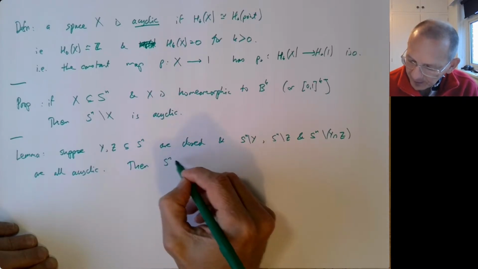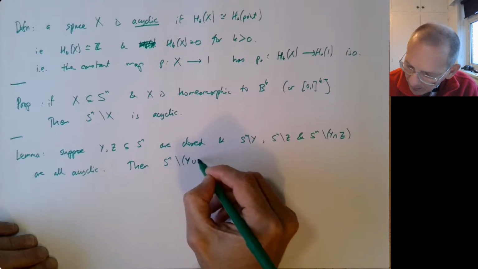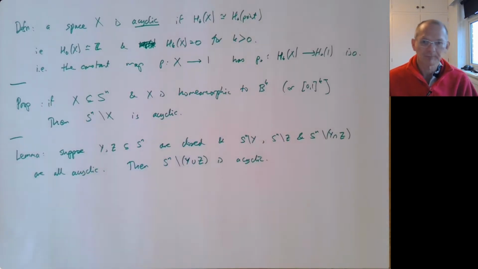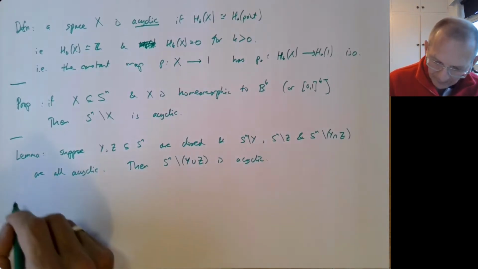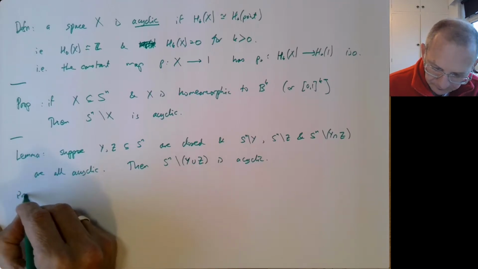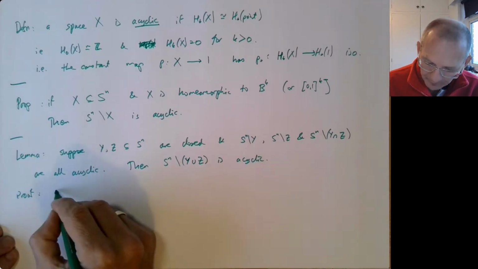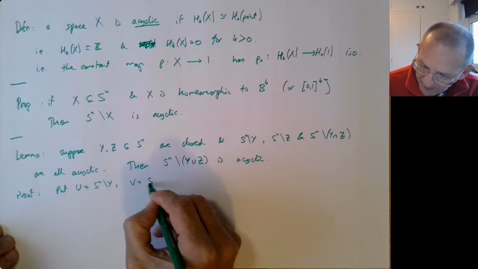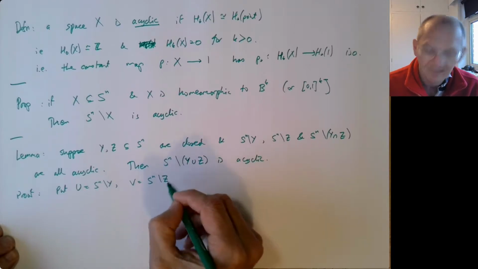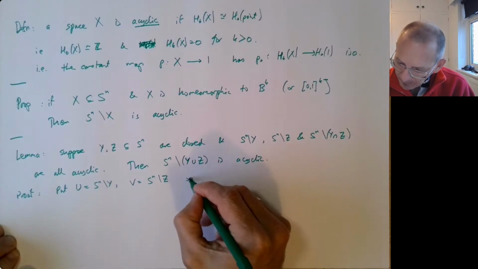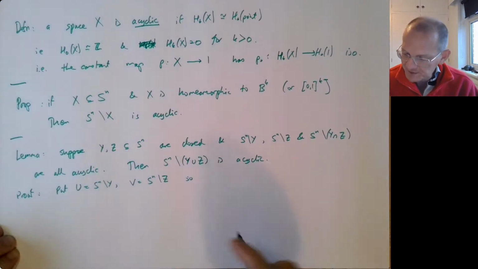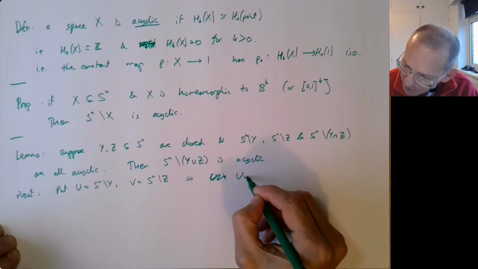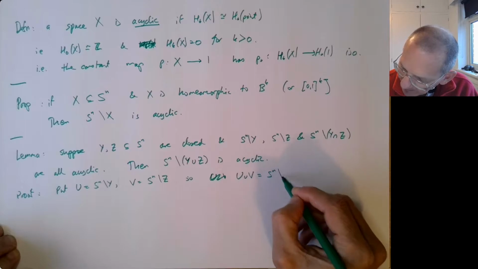Then I want to claim that if I remove the union, that's also acyclic. And the proof of this is not very hard. Well, let's put U is S^n less Y, V is S^n less Z. Remember, complements turn unions into intersections and vice versa. So U union V is S^n less Y intersect Z.